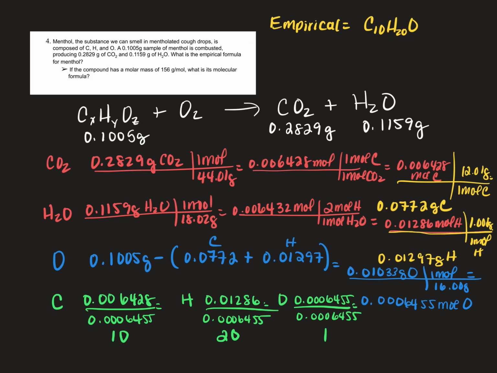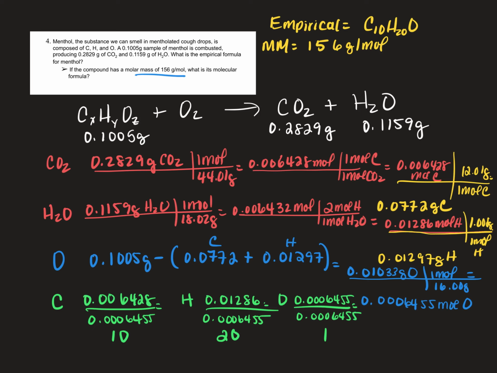So let me just look at our difference between them. So our empirical formula, I get a molar mass of 156 grams per mole. And it said that the molar mass of the molecular formula is 156 grams per mole.